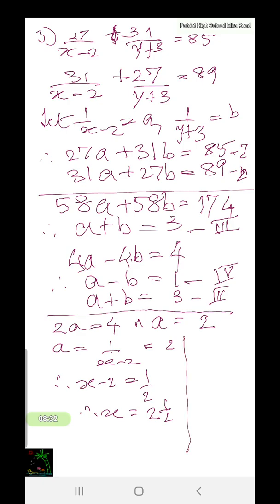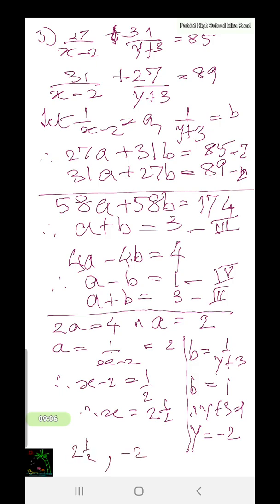We know that b is equal to 1 upon y plus 3. But we know that b is equal to 1. Therefore y plus 3 is equal to 1. Therefore y is equal to minus 2. So the solution to this equation is 2 integer 1 upon 2 and minus 2.